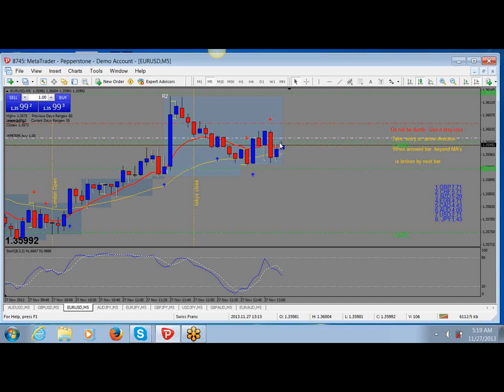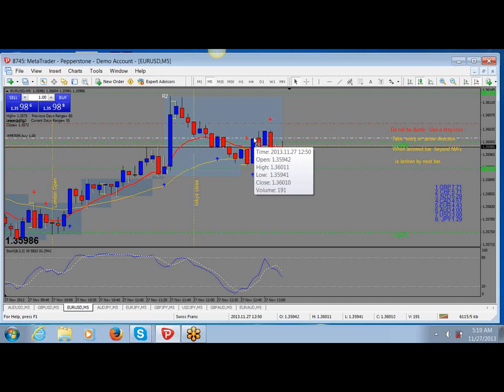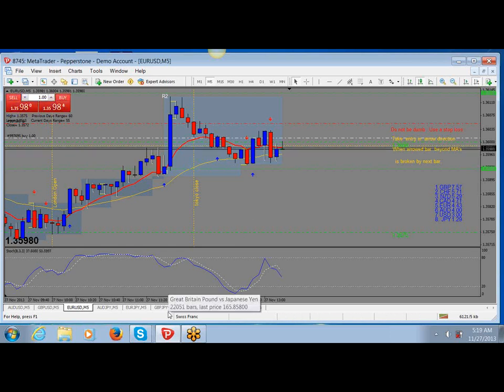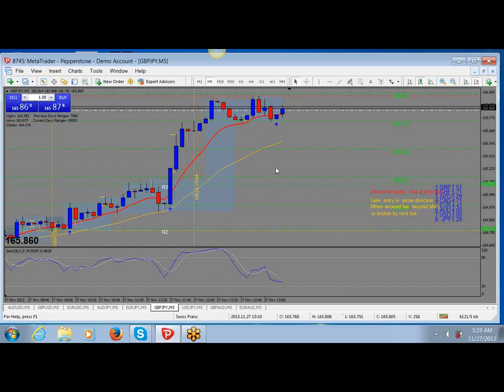It broke right at the zeros. So you could have an entry here or here on that. I don't know if it's going to keep going or not, but that's a risk to take. And here's the inside bar with the signal, breaking off the 10 with the arrow.